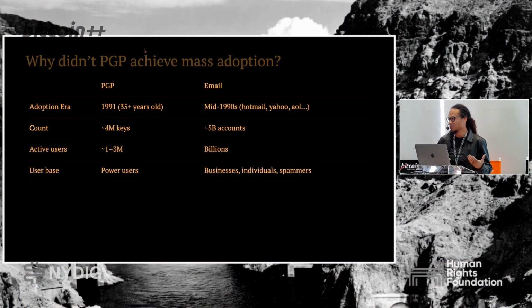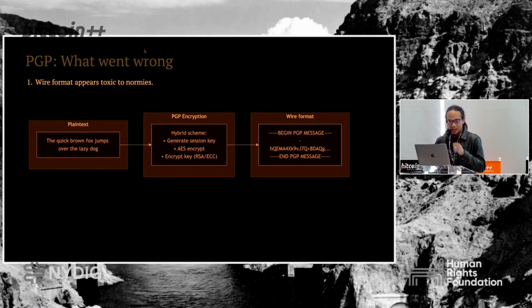Whereas email has grown to billions of users, and every single business and individual has one, and it's sort of the de facto identity layer of the internet. So I was puzzling over, what went wrong here. And I'm putting this out here that a lot of it has to do with the wire format, the way email presents cryptographic information to the end user.